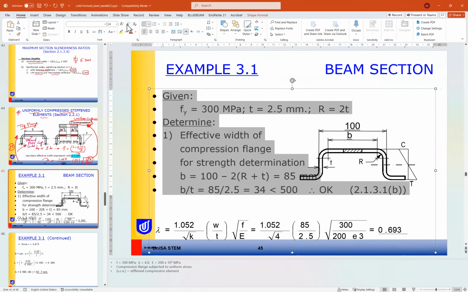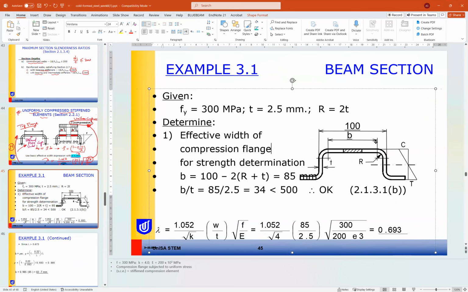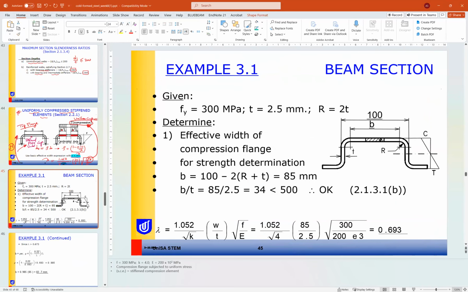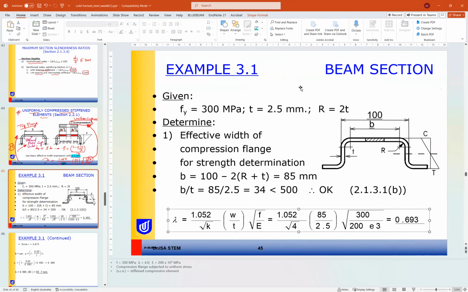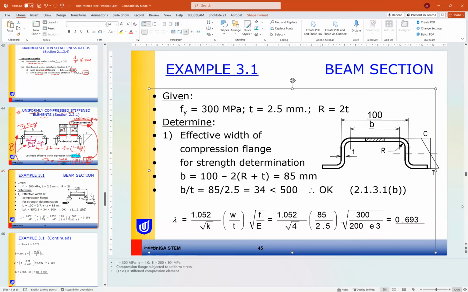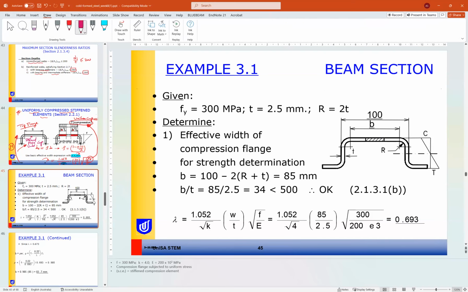Now let's have a look at an example to find the effective width of the member. So if we have this beam section under moment, which one is the compression flange?